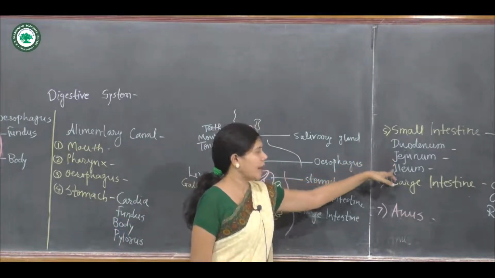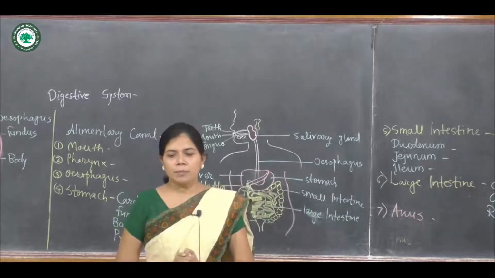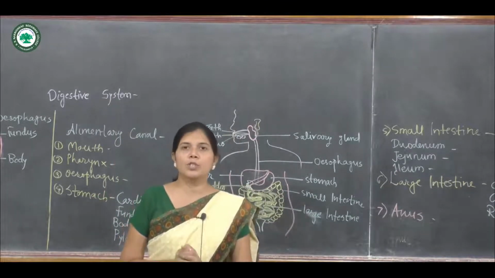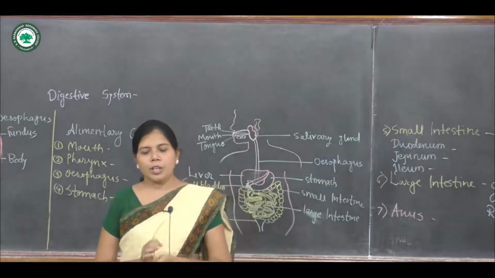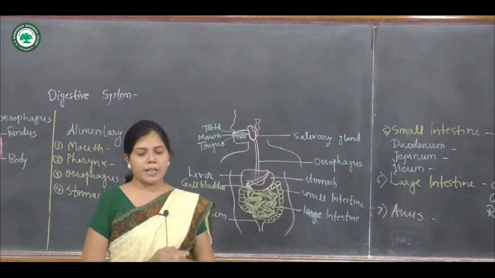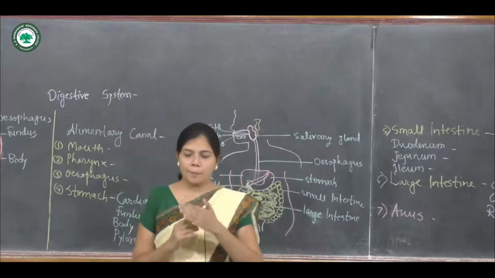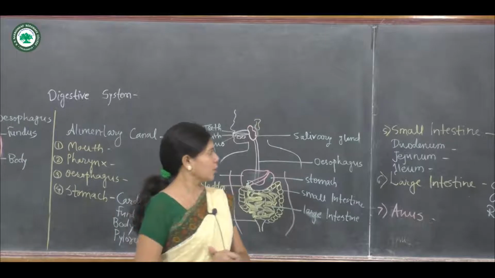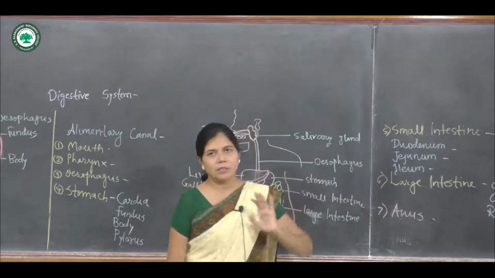The duodenum is about 26 centimeters long. It is a U-shaped structure that turns toward the left side of the abdominal cavity below the stomach.